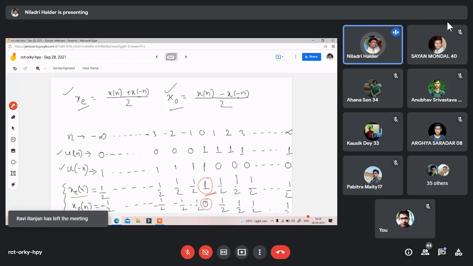If the 0th position value is non-zero, you can say this is not an odd sequence. If you are getting 0, then the sequence will be an odd sequence. That is one important characteristic.